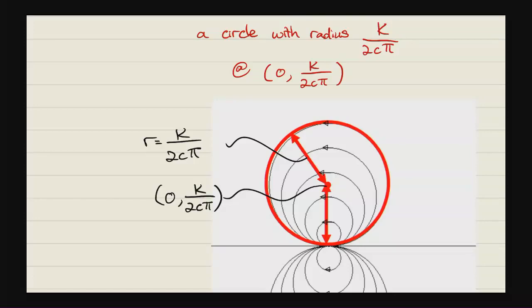And we call this a doublet. I hope you all notice that all of the streamlines cross through the origin.